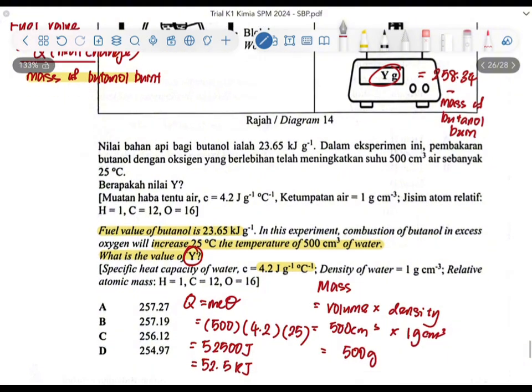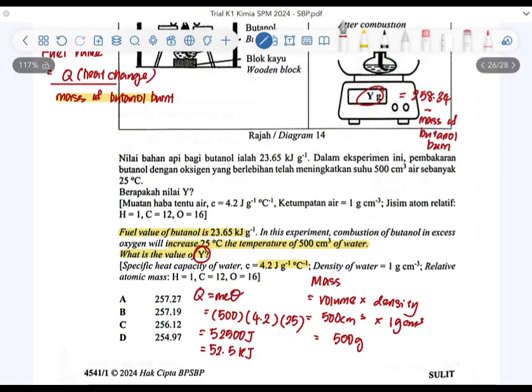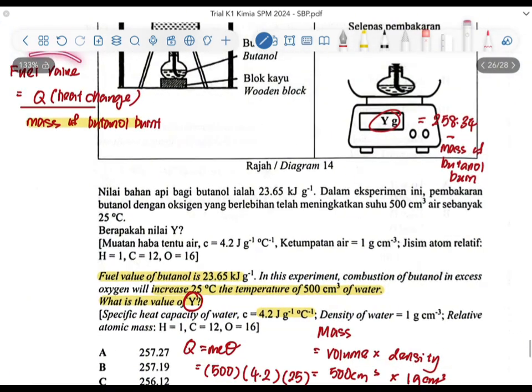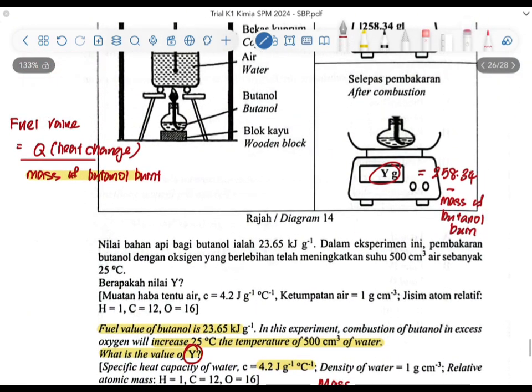Since we already have the heat change, 52.5, and we are provided the fuel value of butanol, 23.65 kilojoule per gram, we can just calculate using the formula.